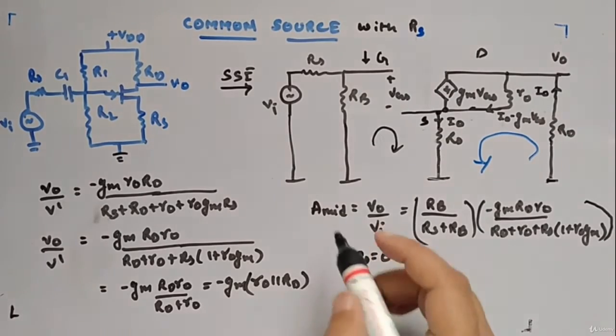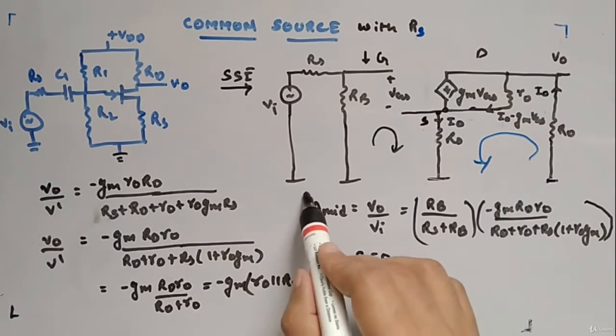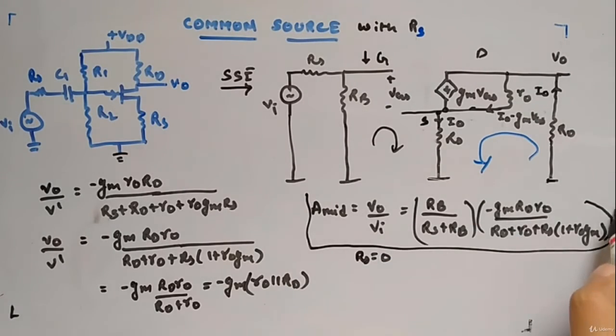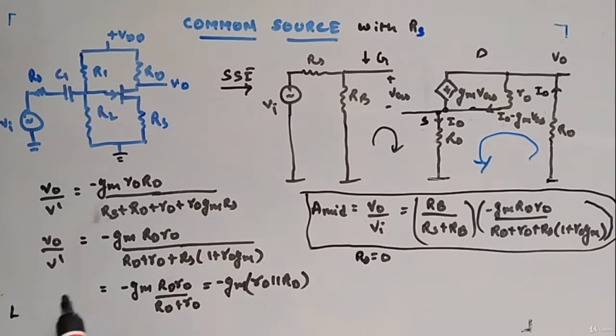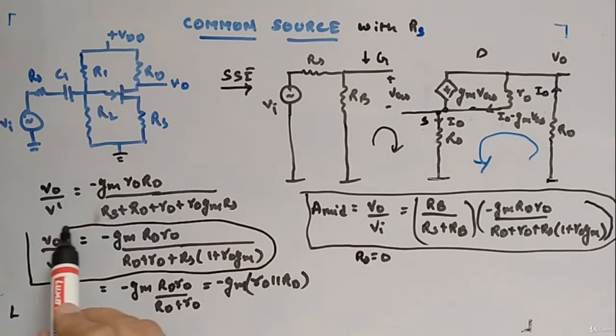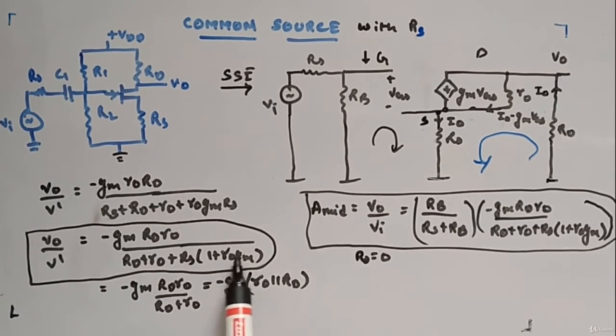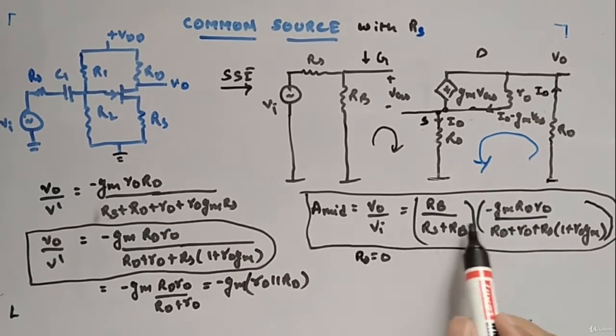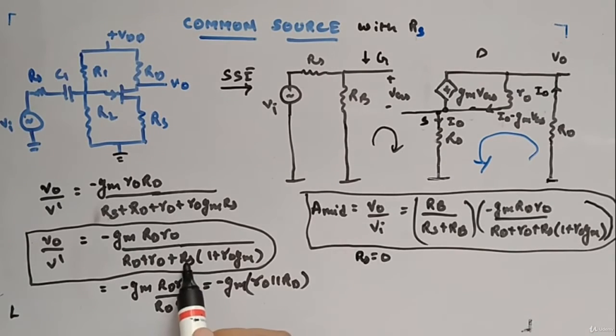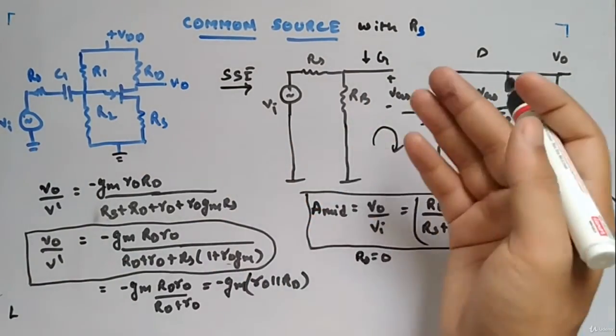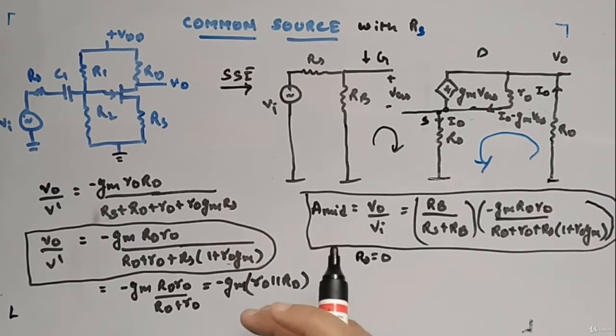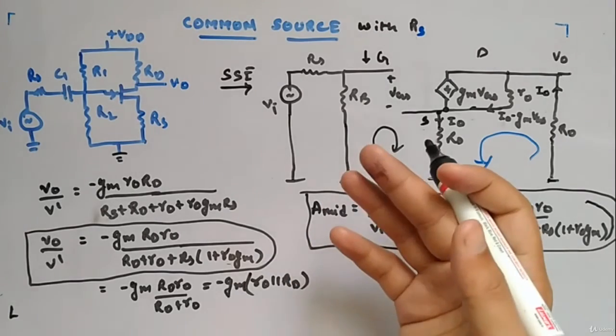So this confirms that this is the correct gain. The calculation increased, but you can see that the gain has decreased by this amount. The rest of the things are the same. It is just that in the denominator there is the extra term RS into 1 plus GM R naught. So in this case the gain has reduced. So why do we use it?